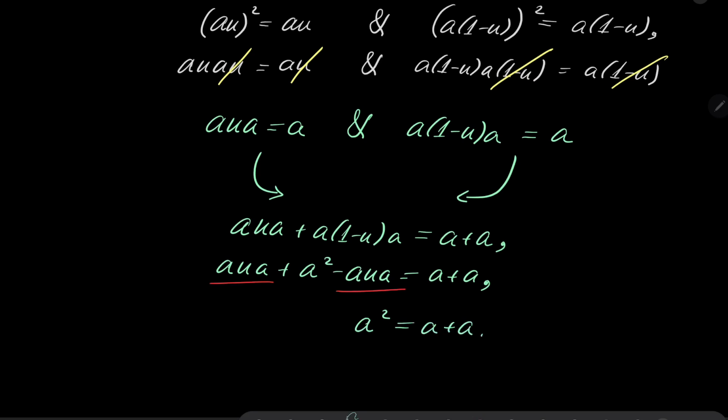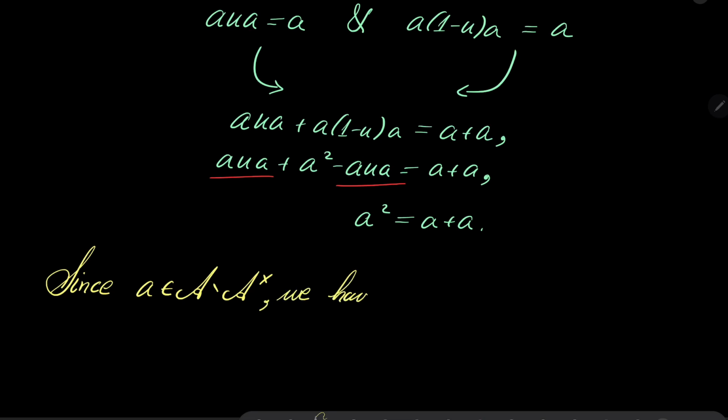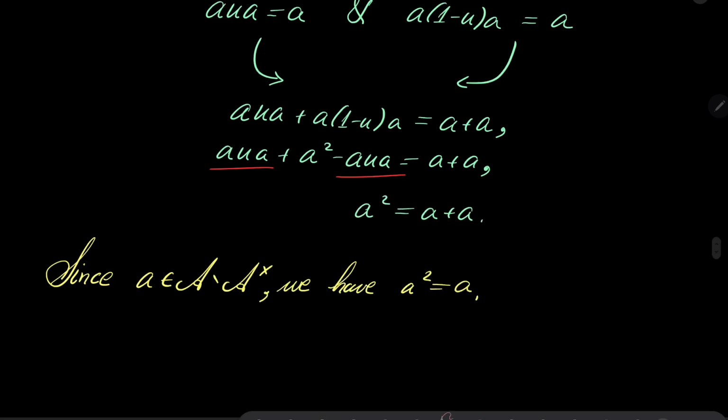But remember that A squared is also not invertible, so it is also idempotent. Since A is not invertible, by assumption, it's idempotent. So A squared equals A. So we get the following.